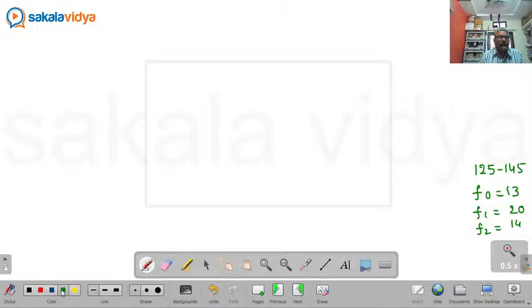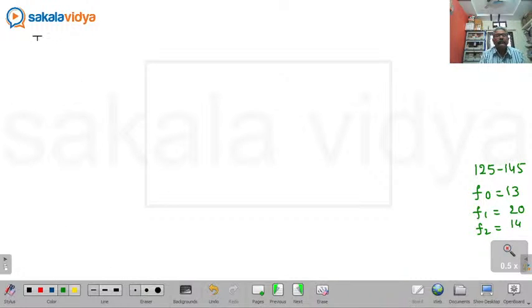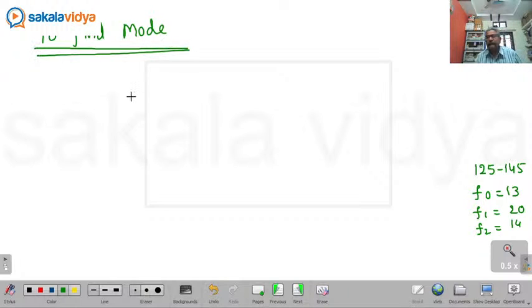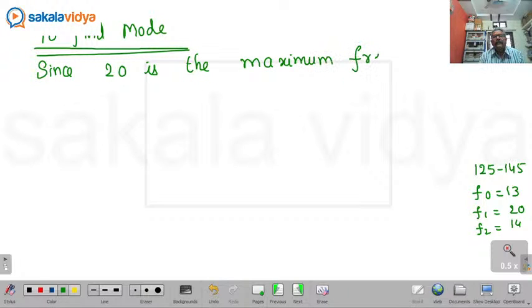Okay, now let us find out the mode. To find the mode, see, since 20 is the maximum frequency in 125 to 145, that is, 125 to 145 is the modal class.